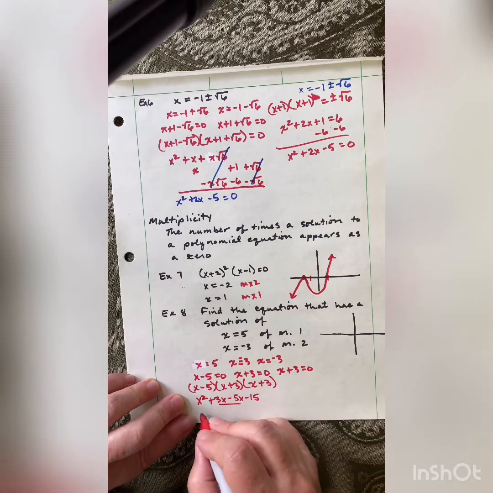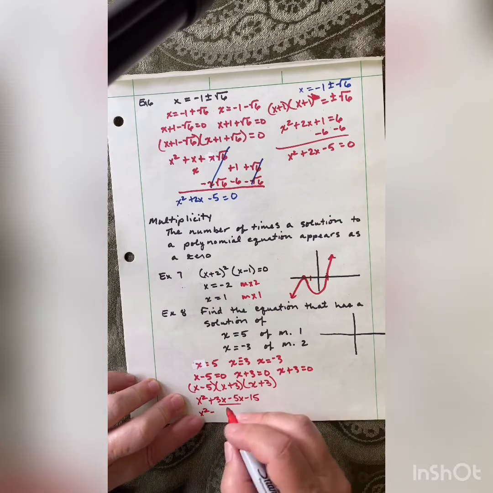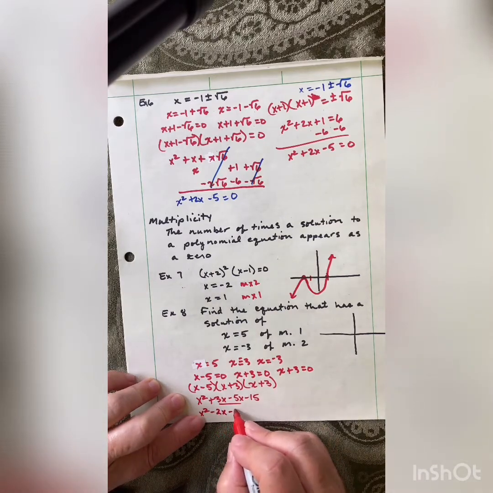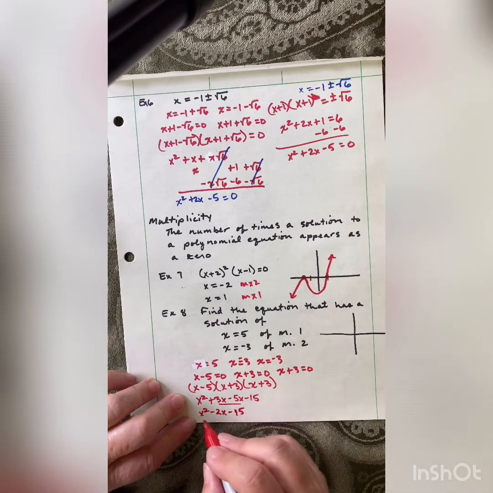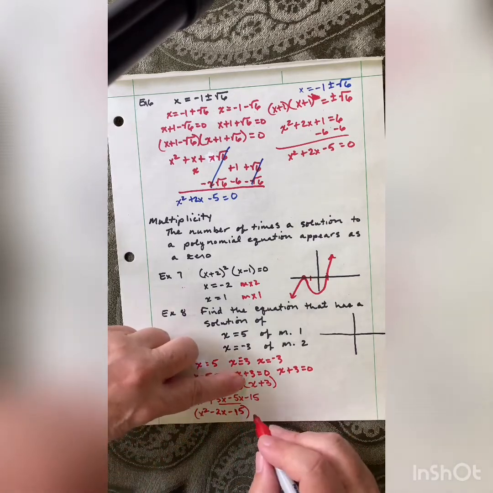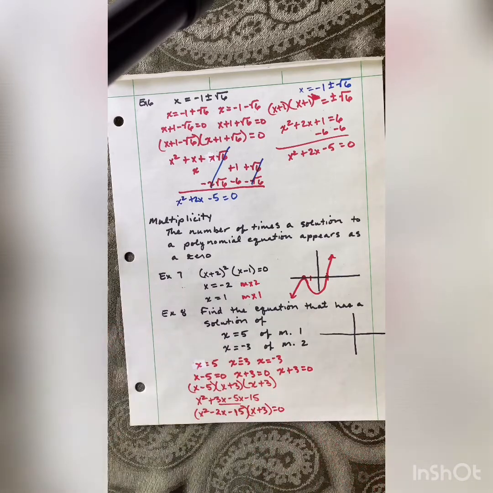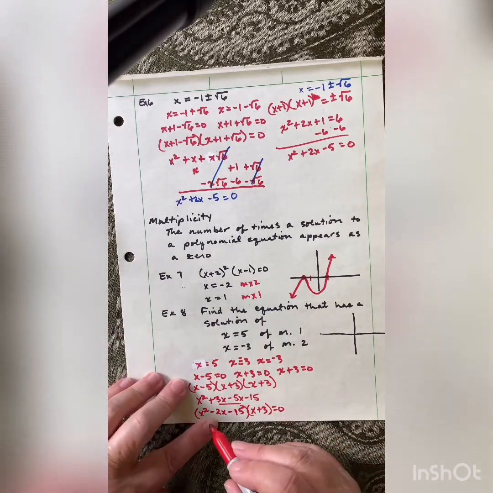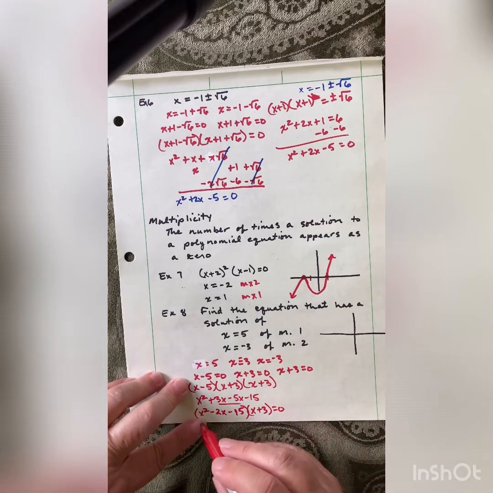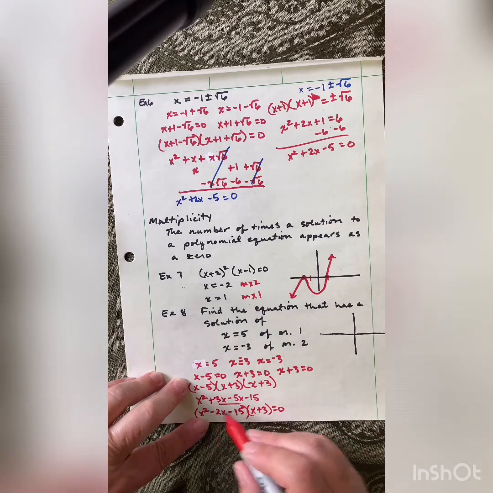Let's clean that up a little bit. So x squared minus 2x minus 15. Okay, then we still have this x plus 3 over here equaling 0. All right, we have to do the work for that. So I'm actually going to go this way.